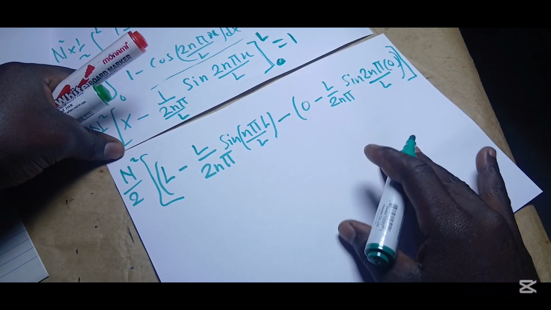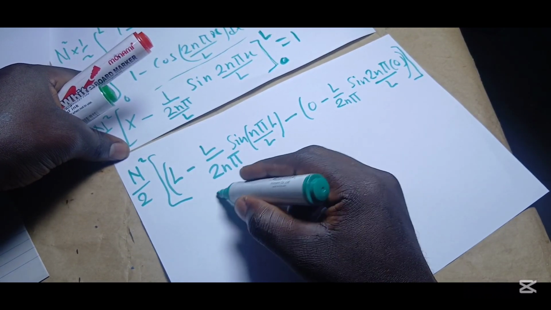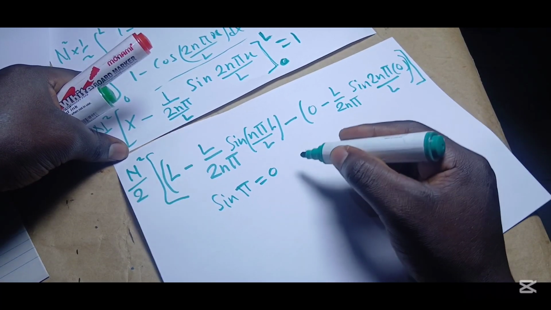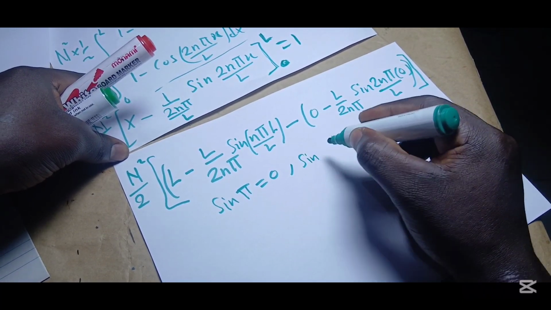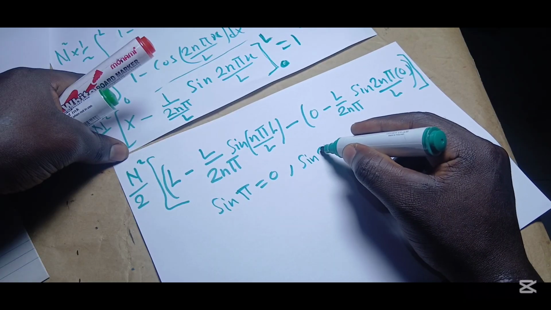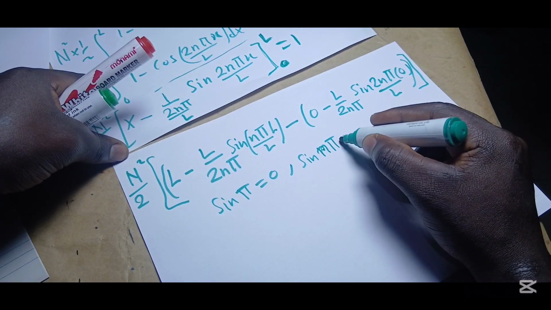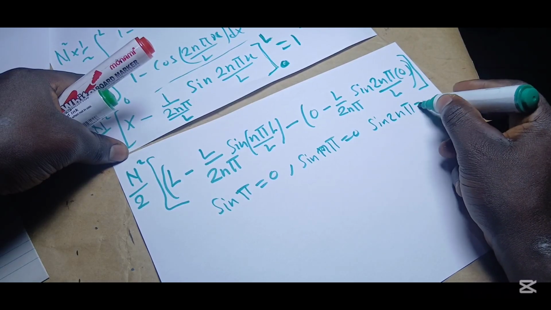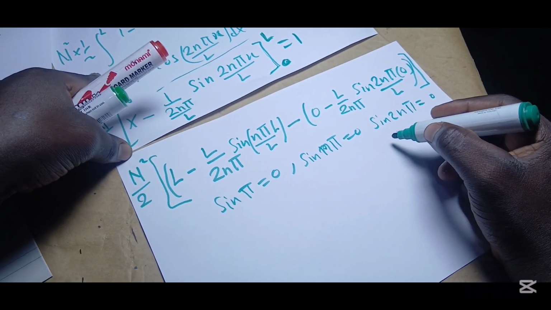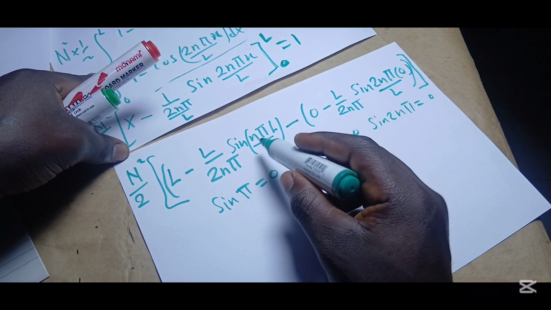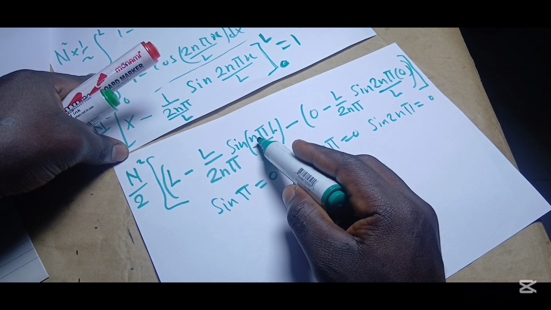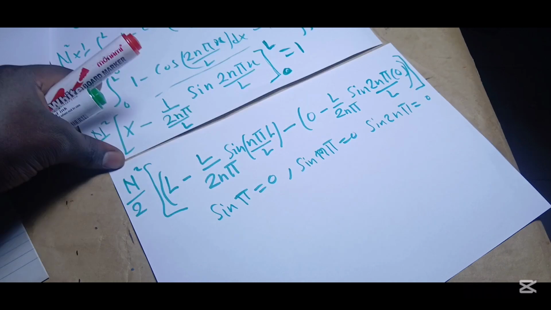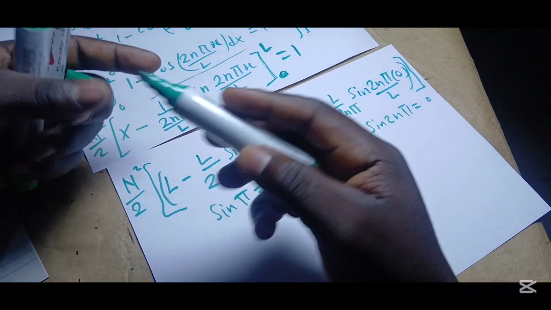So the next thing you need to know is that if we have sine pi, it will give us 0. So sine n pi gives us 0. Sine 2n pi gives us 0. So now, looking at this term here, we have sine 2. We should have added 2 here.